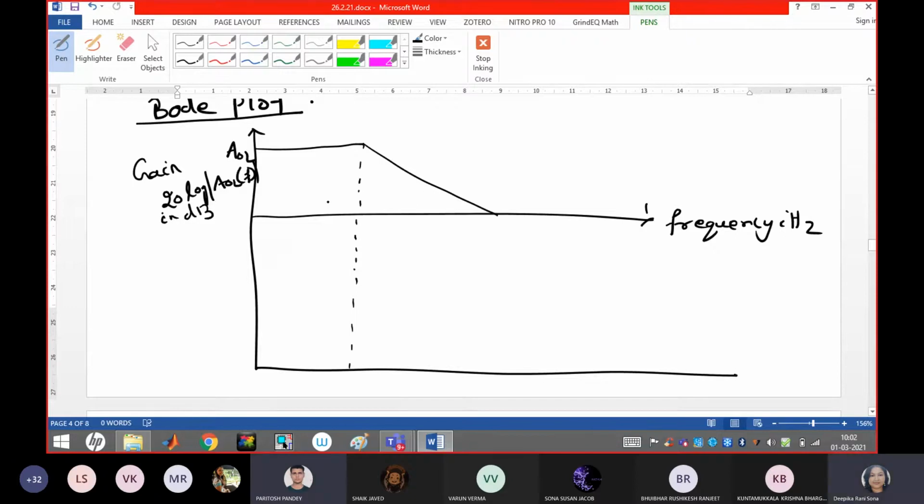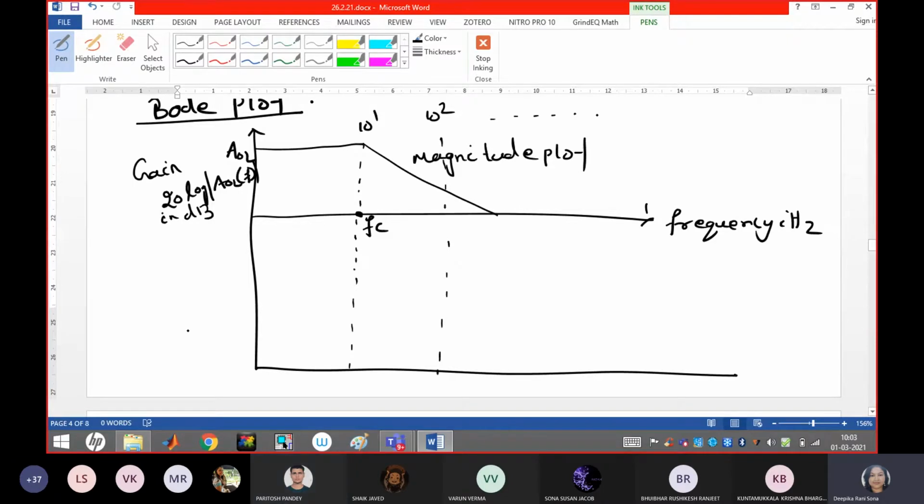Now see, frequency is in hertz, so this is 10 to the power 1, then the next point will be 10 to the power 2, then 10 to the power 3, 10 to the power 4, and so on. This is your FC, the cutoff frequency. Up to this frequency you can notice that the gain is constant. After that, if I further increase the frequency, the gain will start to decrease. This is called the magnitude plot.